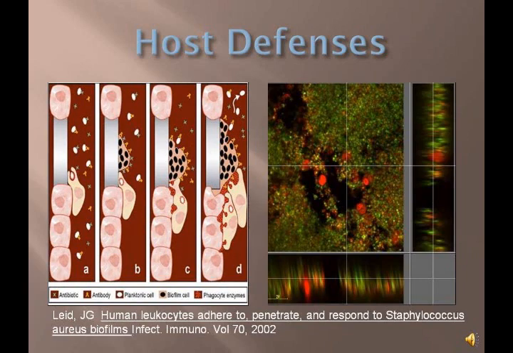The next thing we know is white blood cells don't penetrate. This is Jeff Leeds' work, and what he's showing is that activated leukocytes, he's worked with macrophages and other white blood cells, nestle down into the biofilm, and then they fail to carry out their function of trying to clear and phagocytize bacteria.